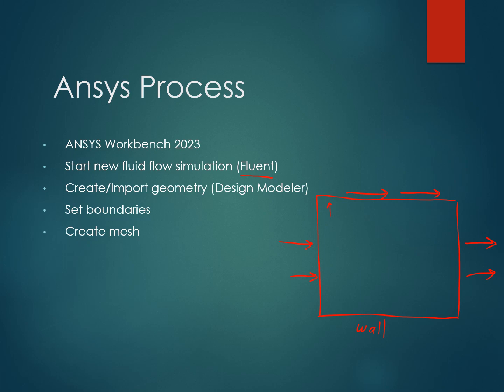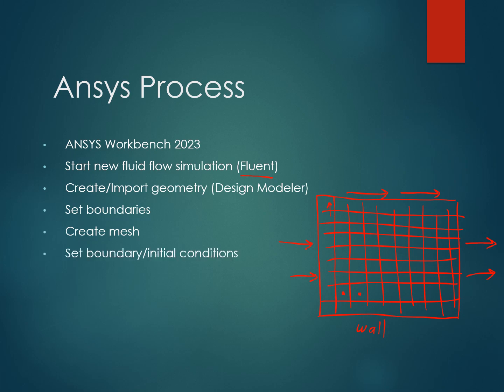Then we also need to create a mesh with this set of geometry. That is involved in splitting the geometry here into much smaller sections so that we can compute those values as they change from one box to the next. Then we'll need to set what our actual conditions are here.